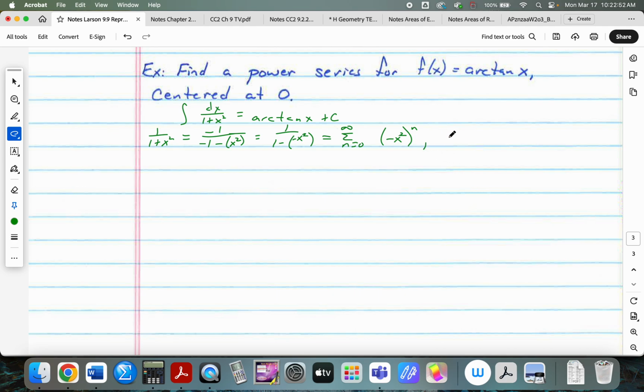And then we want the absolute value of the opposite of x squared to be less than 1. Which means that, I'm not going to take the time to do this entirely, but I think you can see pretty quickly, -1 is less than x is less than 1.